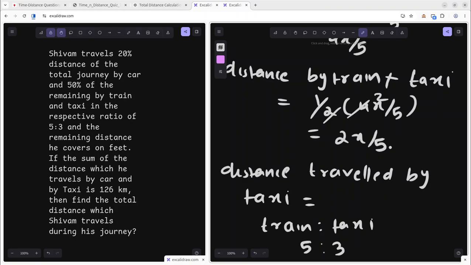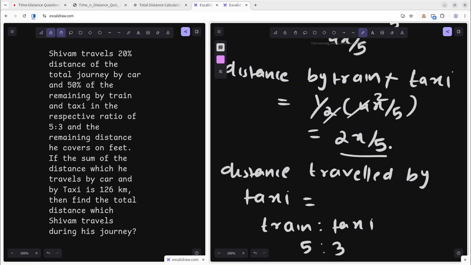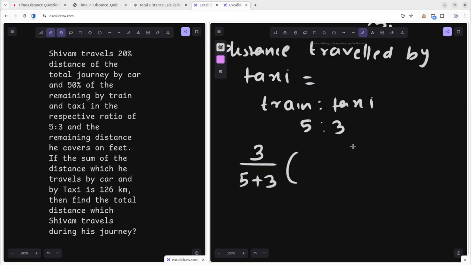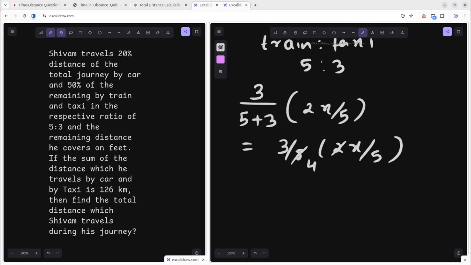So from that we are going to find the distance traveled by taxi, that is equal to 3 by 5 plus 3 into the total distance traveled by train and taxi. This is 2x by 5, so 3 by 8 into 2x by 5. Cutting we get 4. So 3x by 20 is the distance traveled by taxi.